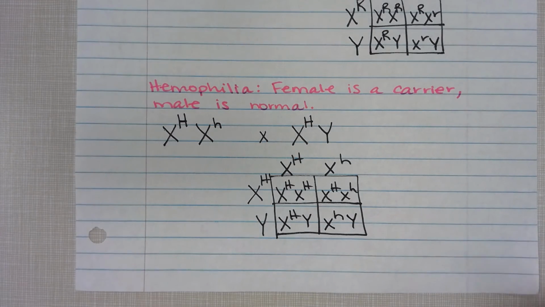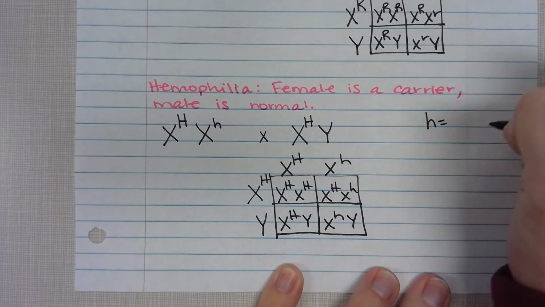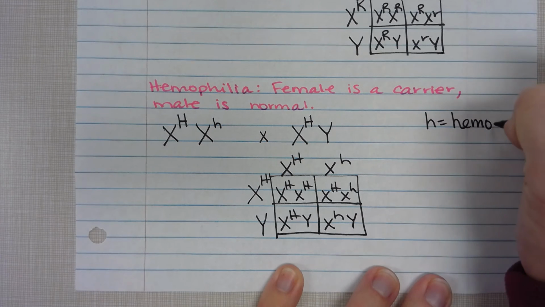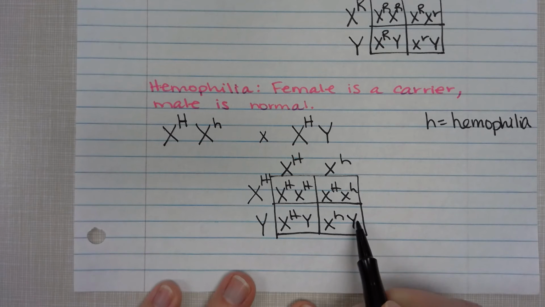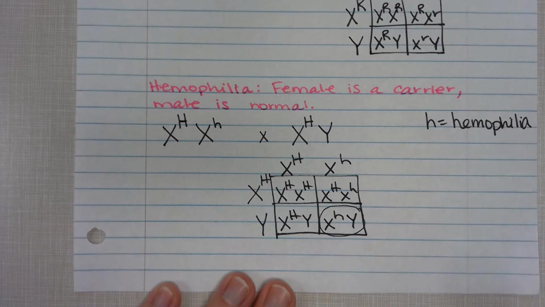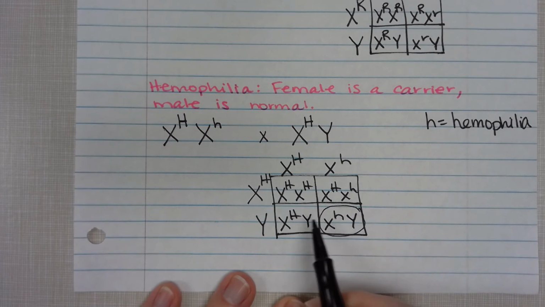So same thing. So if lowercase h represents the hemophilia disorder, only one box down here represents that. So in total, only 25% chance of their offspring having it, but of their males, 50-50 chance again. Similar to the example up here.